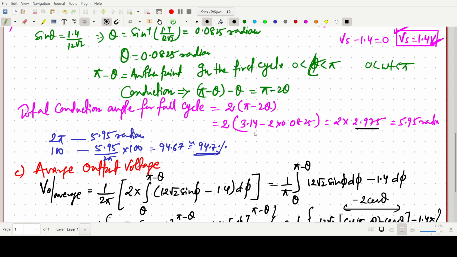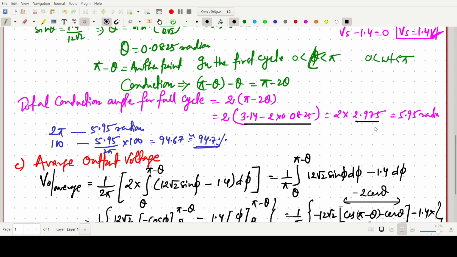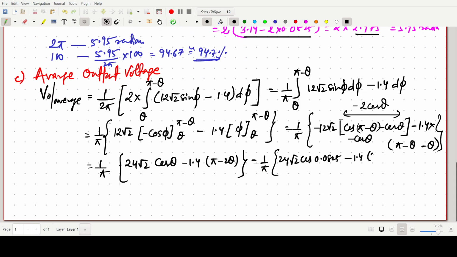Okay, pi minus 2 theta is this one, 2.975. Simple calculation is there. So if we solve this one, 24 root 2 cos, this value will be nearly 1. So 24 root 2 minus 1.4 into 2.975.